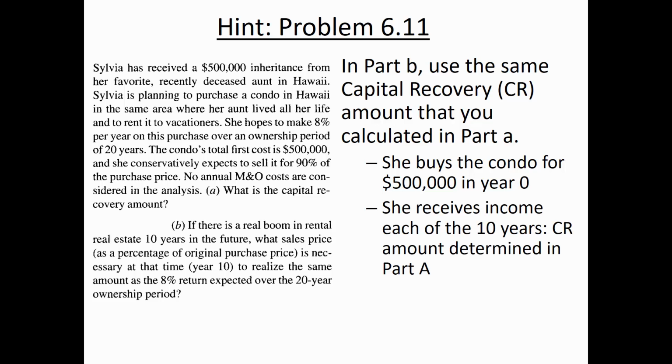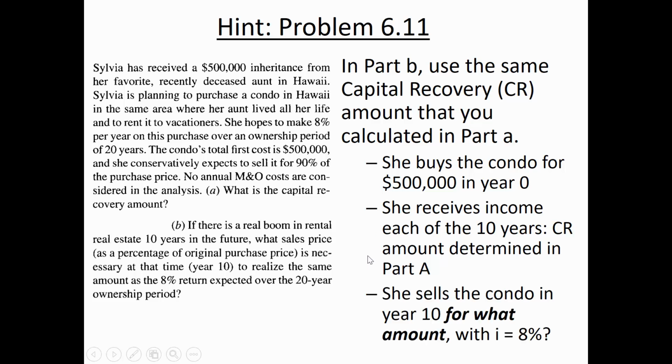She gets the income in 10 years. She's going to get this capital recovery amount that you calculated in part A. And so if she sells the condo in year 10, then what amount would make sure that she gets 8%?